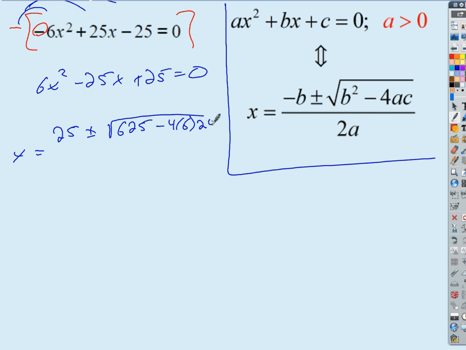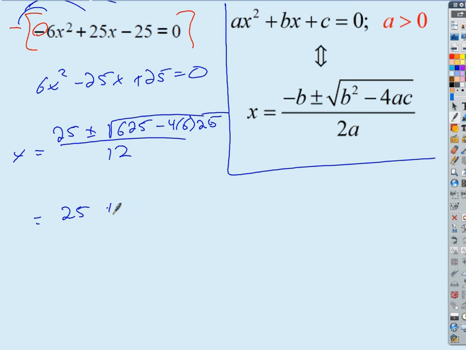times 25. Well, that's 24 times 25. That's pretty easy to do. That's just 25 less than 25 squared, isn't it? 25 squared is 25 times 25. This is 24 times 25, so it's 600, right? All divided by 2 times 6, which is 12.